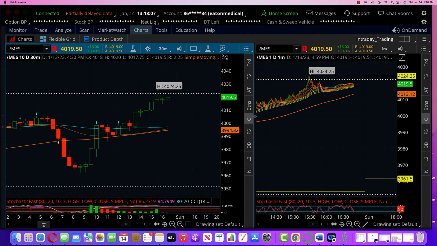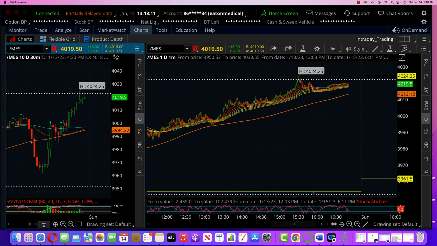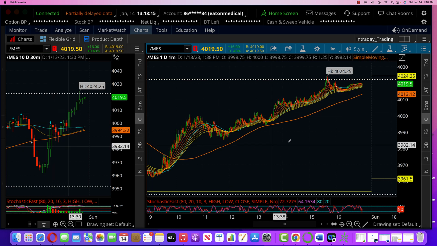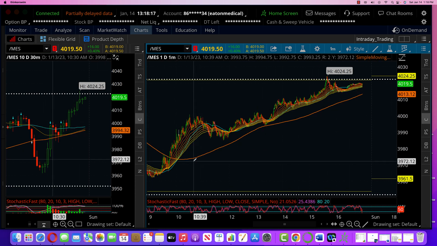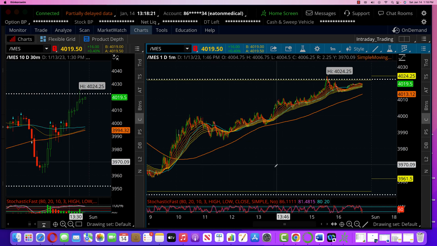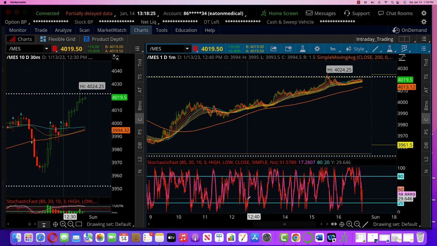Okay, left side here is a price action chart, and the only thing I want to see here is the moving average. I want to see price, I want to see the moving averages, and I want to put my stochastic here.